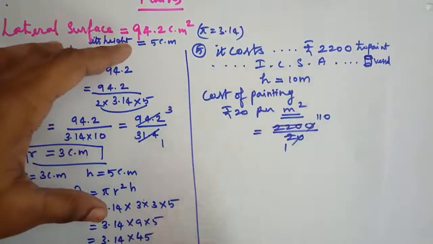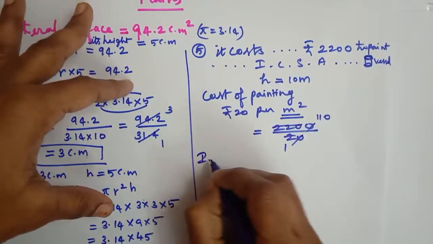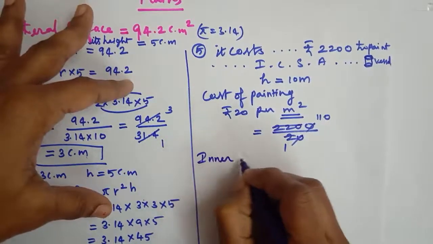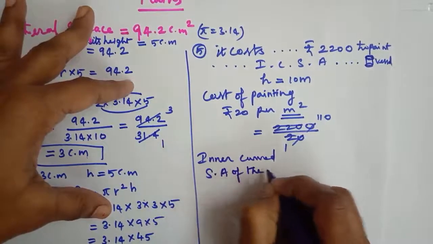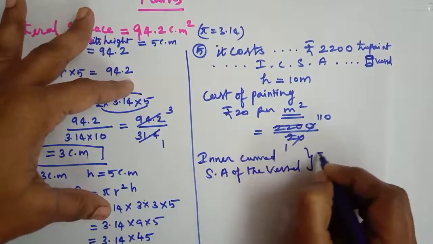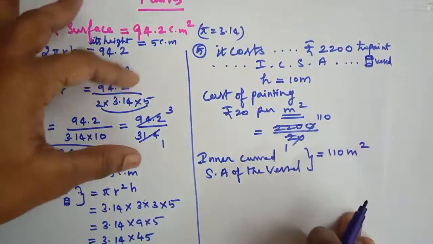So students listen, the inner curved surface area of the vessel is equal to 110 meters squared. Is it clear, students?